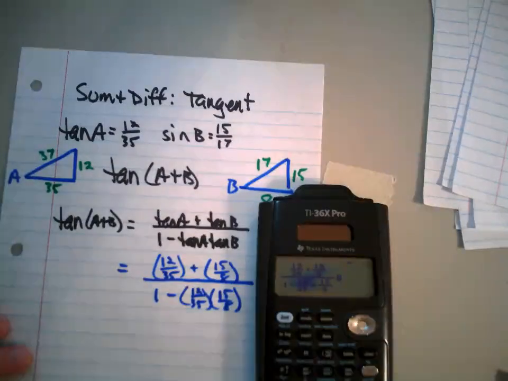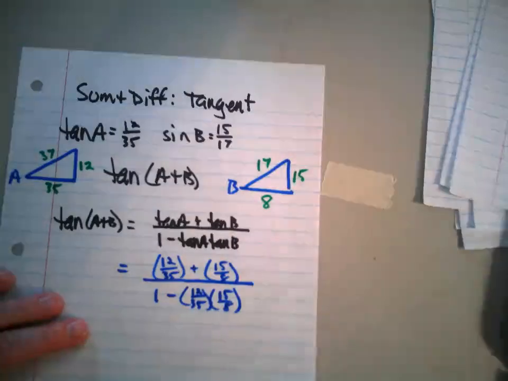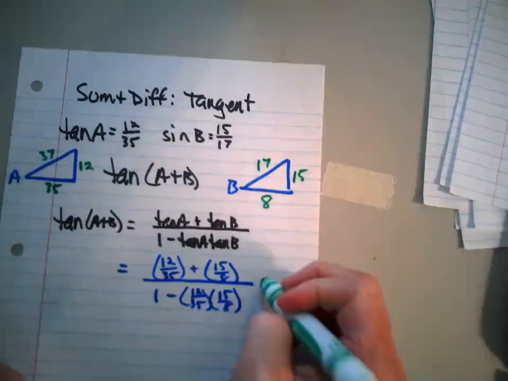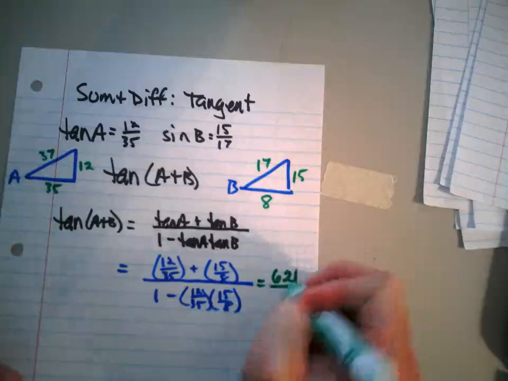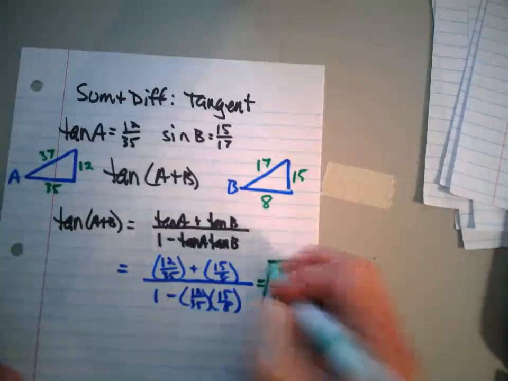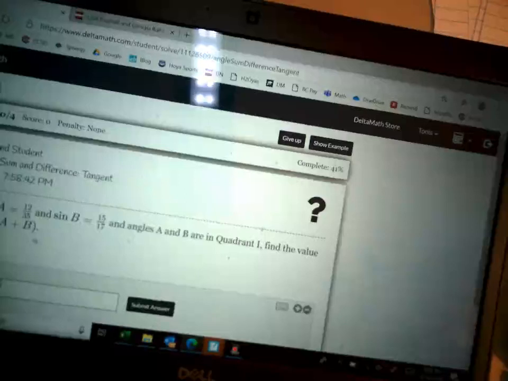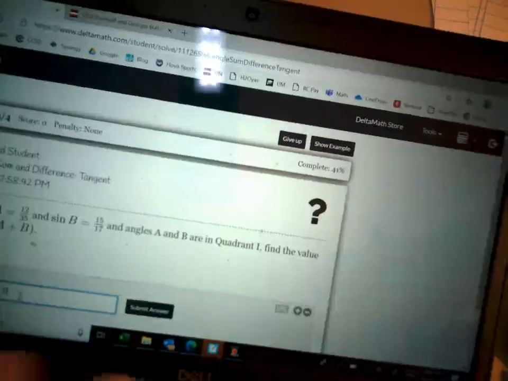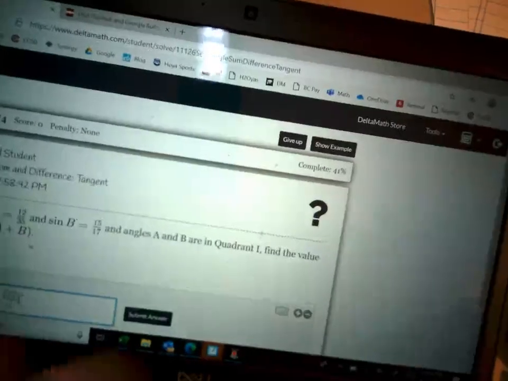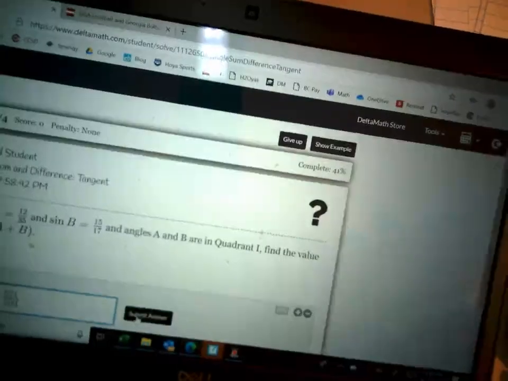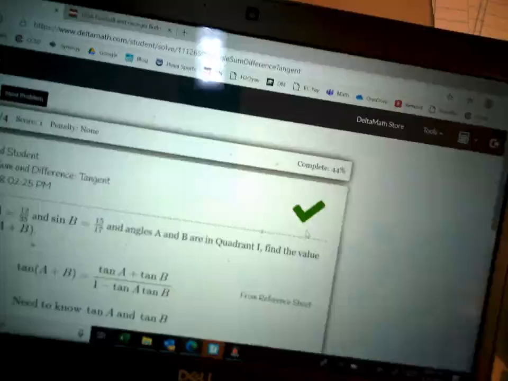You don't have to come out at that point, but it looks like 621 over 100. 621 over 100. All right, let's plug that into Delta Math, and we are out of here. 621 divided by 100. Submit. Yes, sir. Boom, there it is.